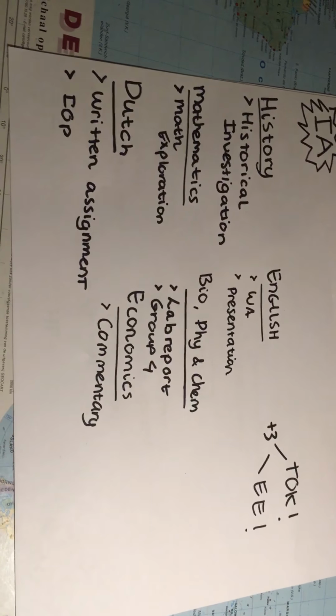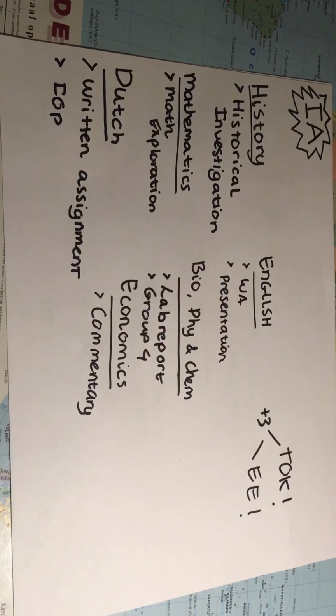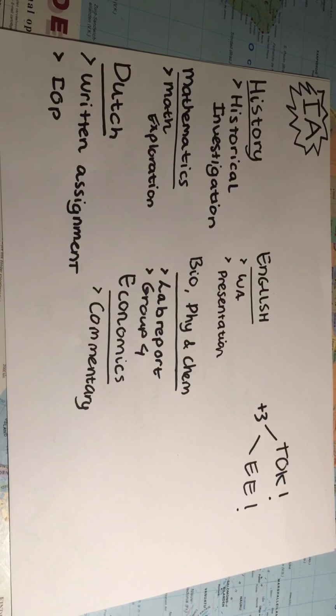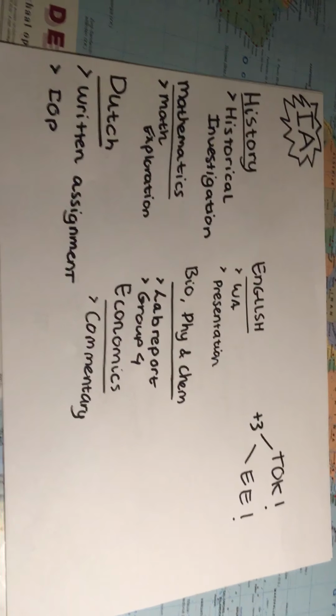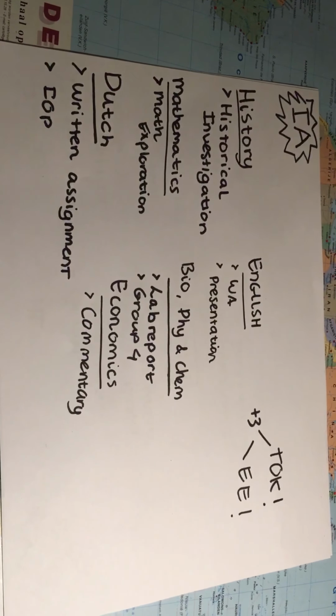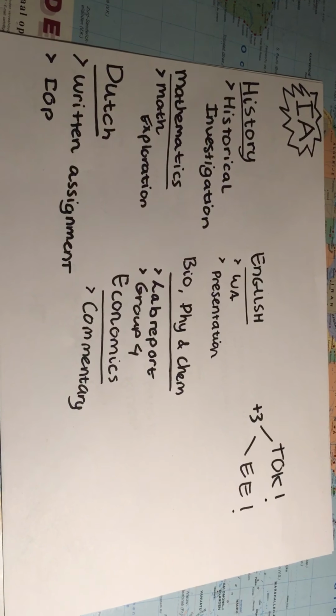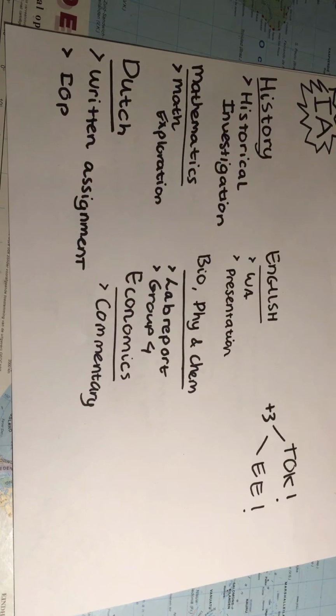For mathematics, you have the math exploration, where you have to find a mathematical concept that not really has to apply to your own life, but has something to do with your life or something you're interested in.